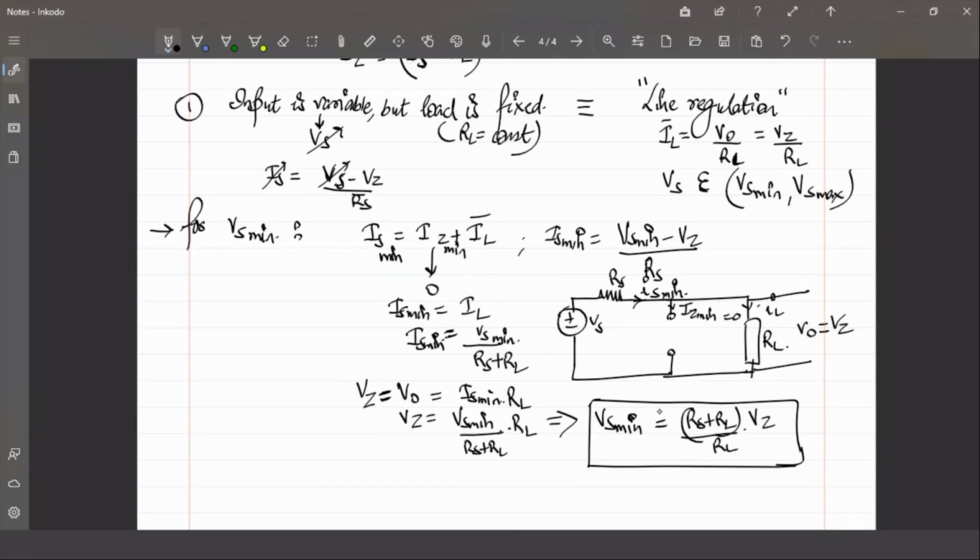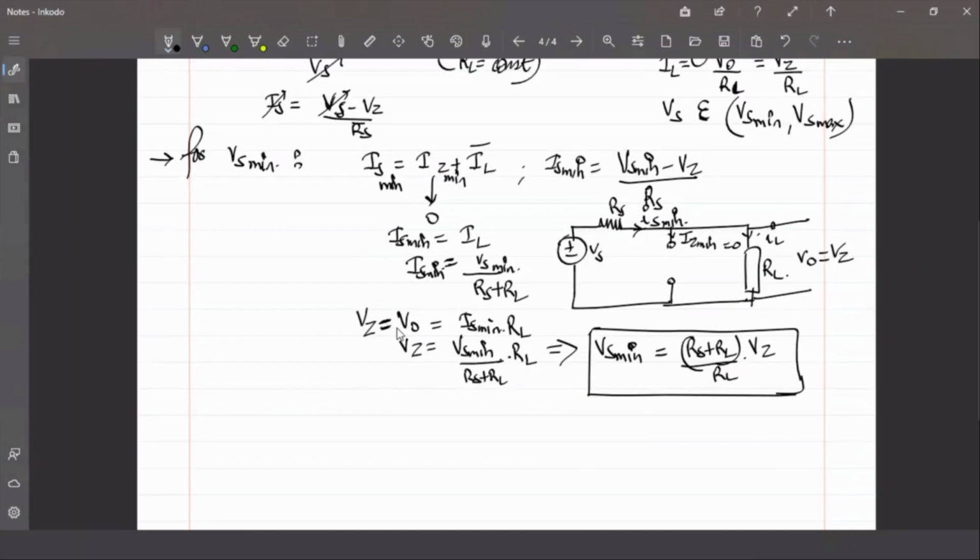Below this, if the voltage falls, the device current will become 0. That means this will become an open circuit and output voltage will no longer be equal to Vz. It will vary from Vz to Vs into RL divided by Rs plus RL. Is this clear? Please confirm whether this is clear to all. This is for Vs minimum.